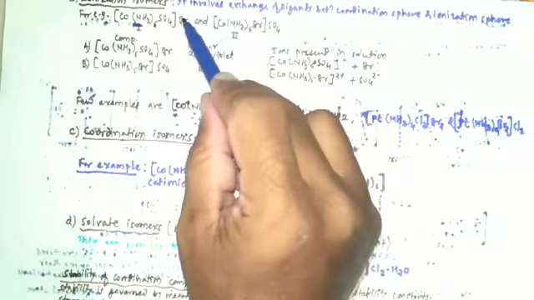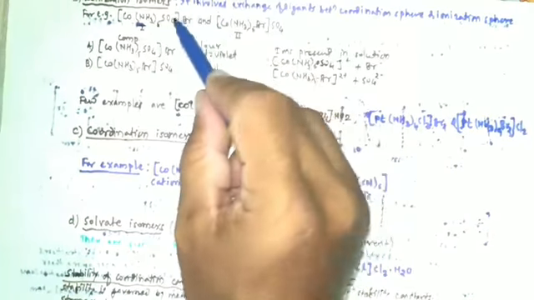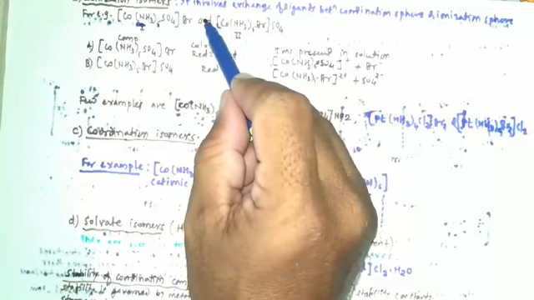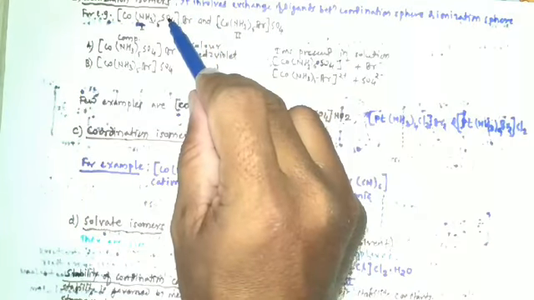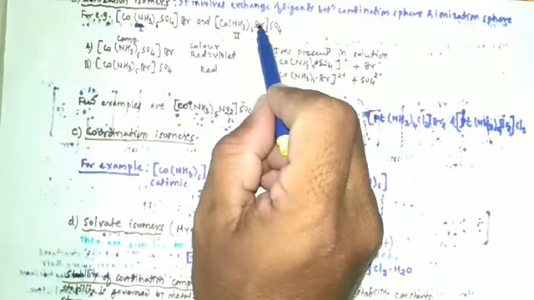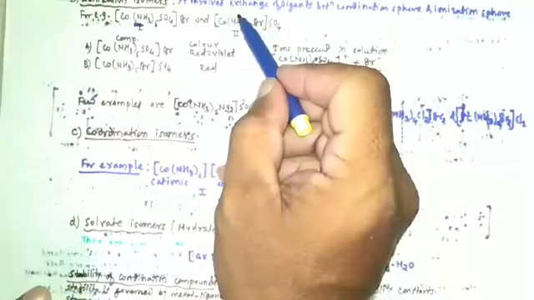So it involves exchange of ions inside and outside the coordination sphere. Here inside the coordination sphere there is an SO4 2- ion, and here there is a Br- ion.